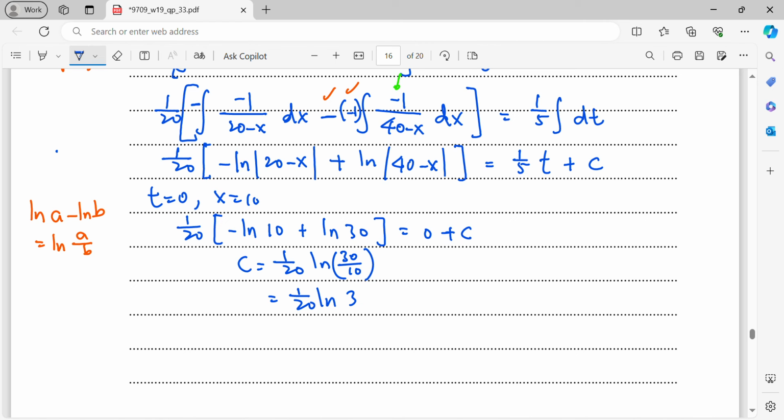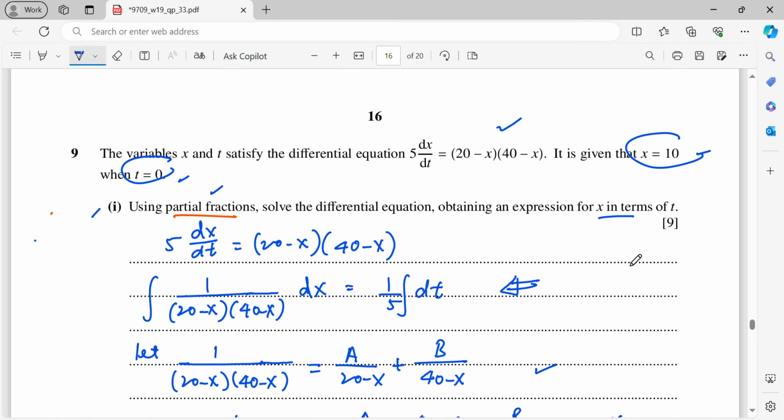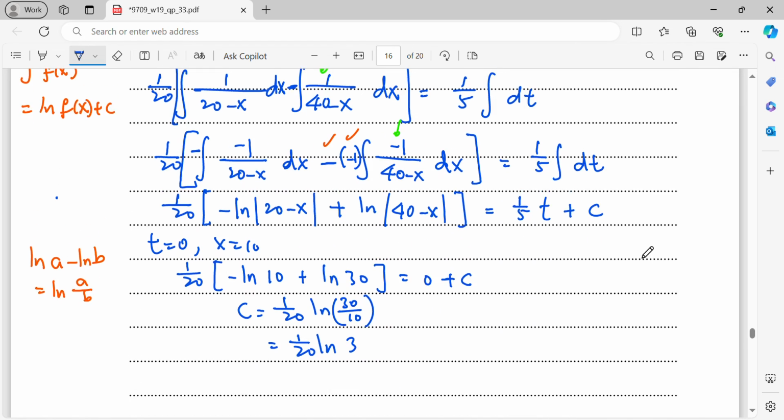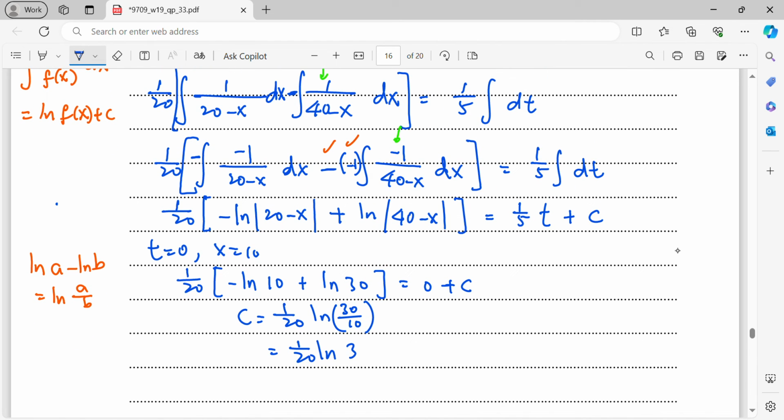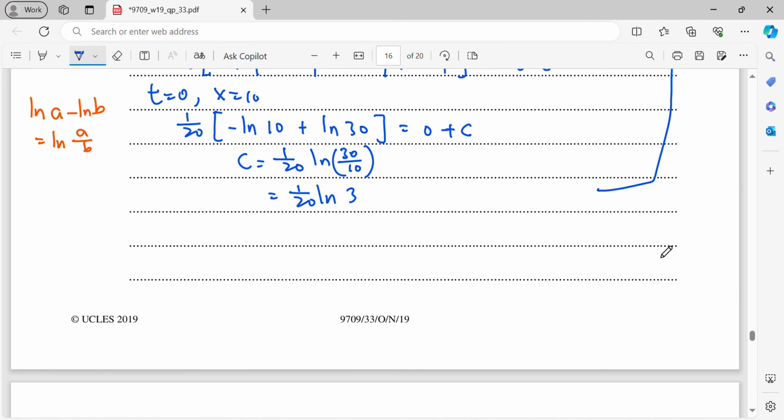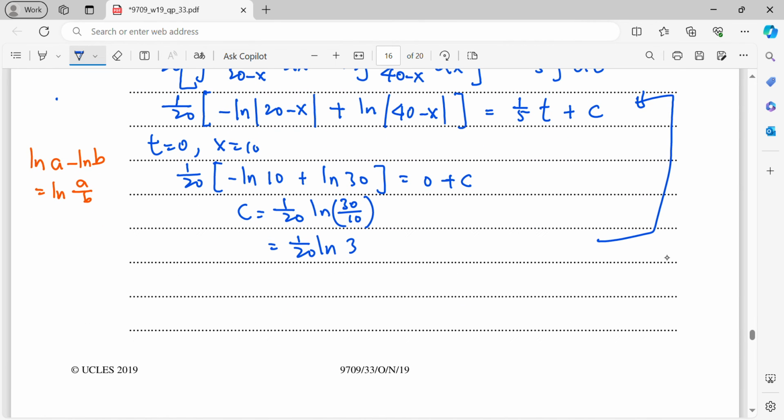Okay, so now my final answer, look at the question first. You need to get x in terms of t. So now I need to substitute back into this expression. So I will get 1 over 20. Okay, so since there are two ln here, I will just divide first.